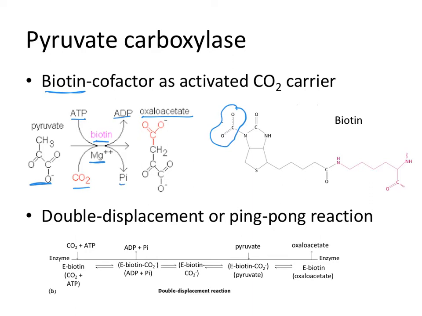The way this reaction actually takes place inside the enzyme, however, has ATP joining CO2 in binding to the enzyme. So you can see first CO2 and ATP bind to the enzyme biotin complex.